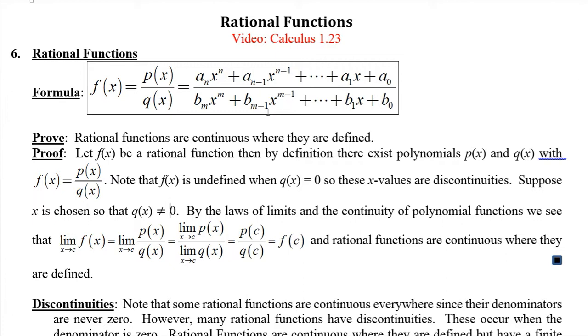Then reduce by canceling out factors in the numerator and denominator that match. That's using the fundamental property of equivalence for fractions, and we can remove that as long as that factor is not 0. Now that gives you a reduced version that's going to be the same except for places where the factors you removed are equal to 0.